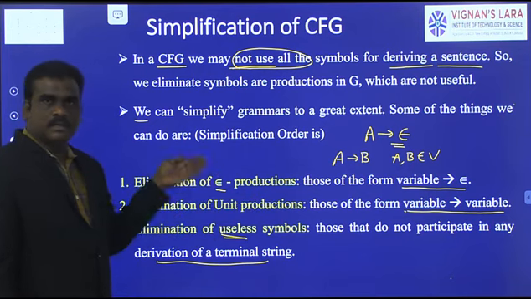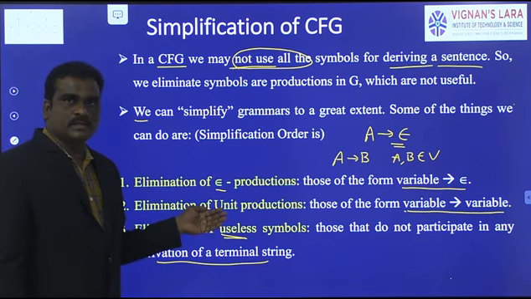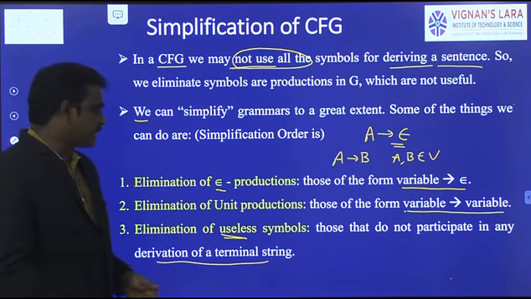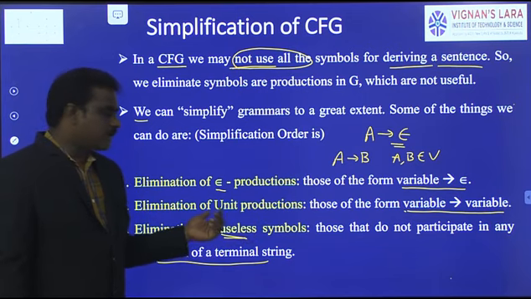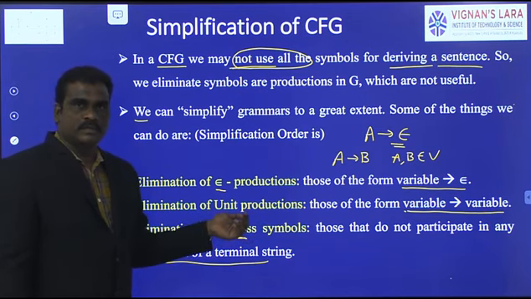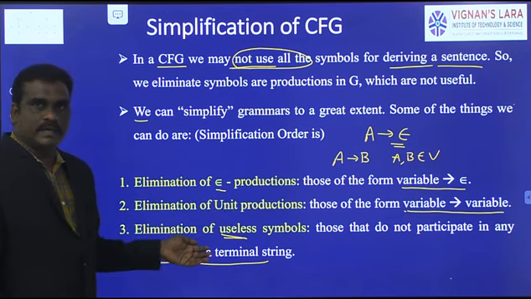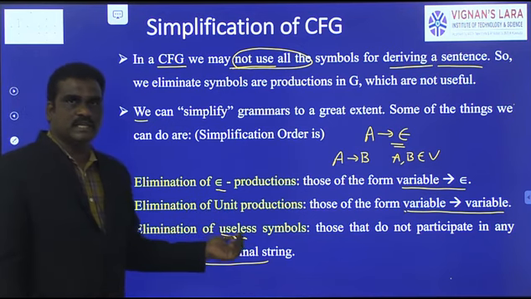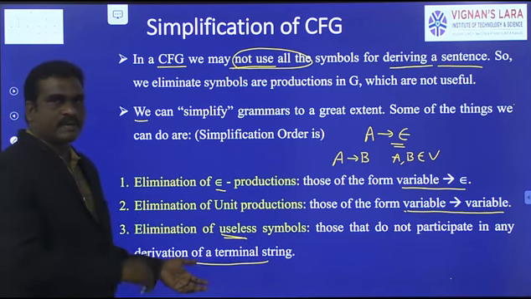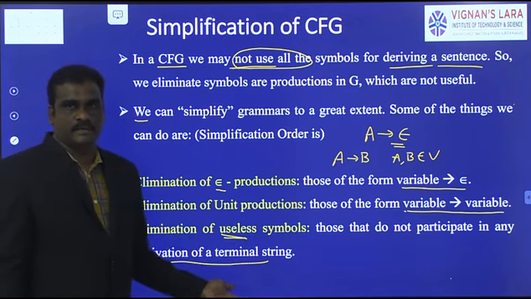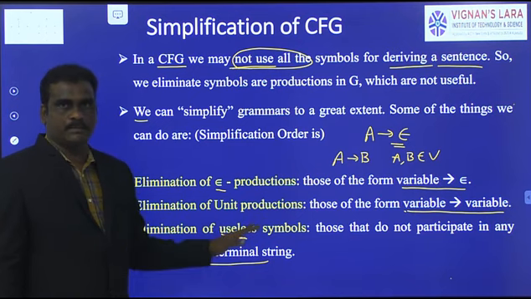After performing the elimination of epsilon production, the resultant grammar becomes input to the unit production. After that we have to perform unit productions. The resultant grammar again becomes input to the useless symbols. After that the resultant grammar is the simplified given context free grammar. Okay, this is the approach.